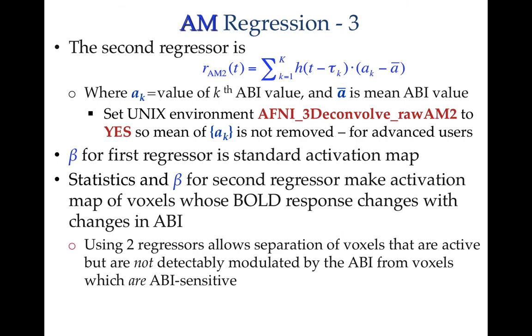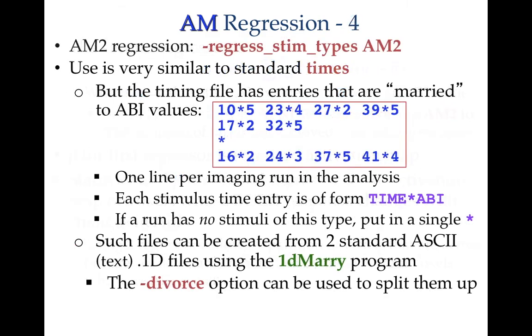But remember, there are two questions, and in a statistical analysis, when we say, is this beta equal to 0 or not, is one question. If we have two questions, we have to have two betas, which means two regressors. So the usage is in AFNI proc.py, you say the stim type is AM2 as opposed to just standard times.